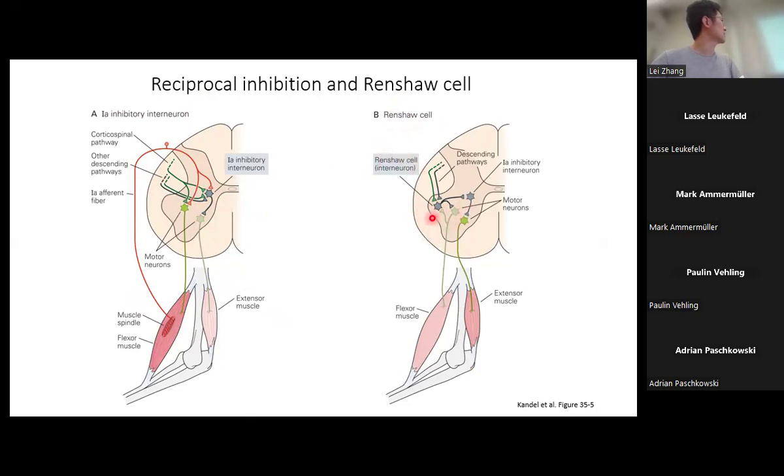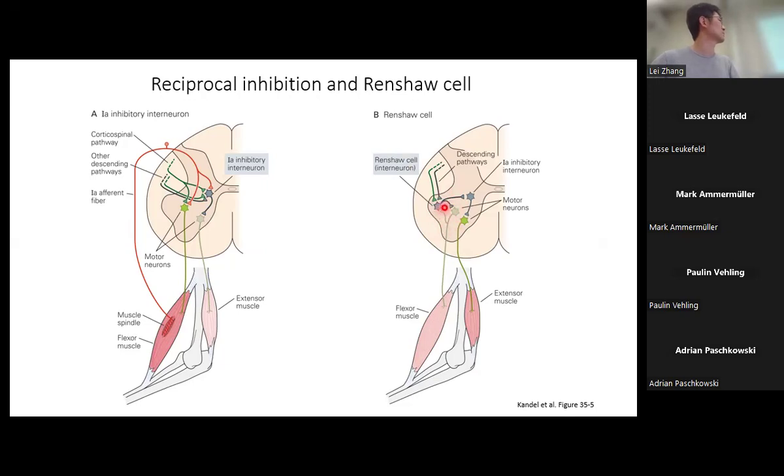It's a very interesting structure. The Renshaw cell is shown here in the gray color. It always couples to the motor neuron. For example, once this motor neuron innervates the muscle, it also innervates Renshaw cells, and the Renshaw cell in turn also inhibits this alpha motor neuron activation. So this loop always works to not let the motor neuron be too active. It's always there.